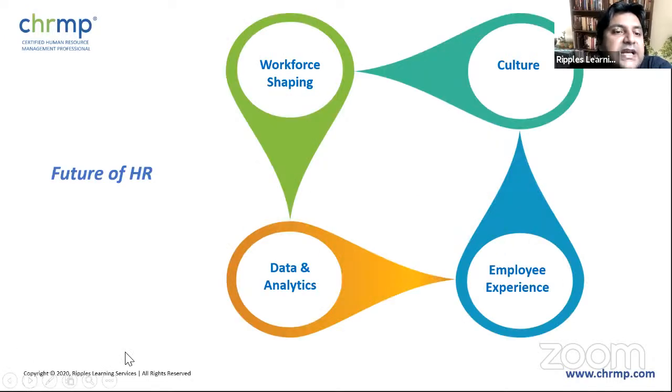The first one is workforce shaping. The second one is culture. Third is employee experience. And four is data and analytics, right? This is something that's going to change. Workforce shaping is not only about the HR department, but about the entire organization.